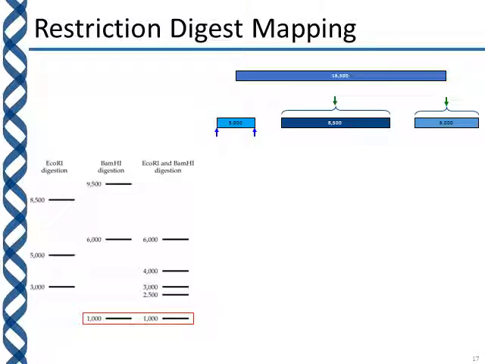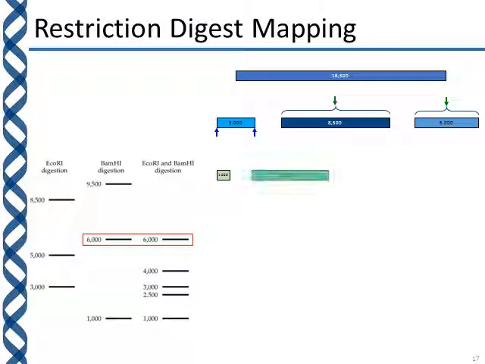On the other side, there is a 1,000 fragment in both the BamHI and the double enzyme treatment. There is also the 6,000 in both the BamHI digestion and the double digestion.